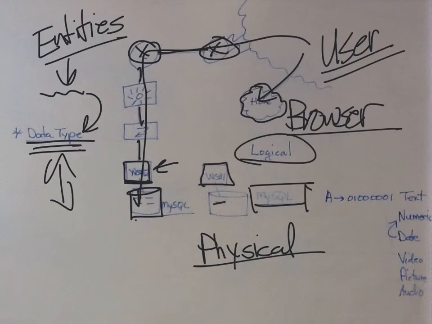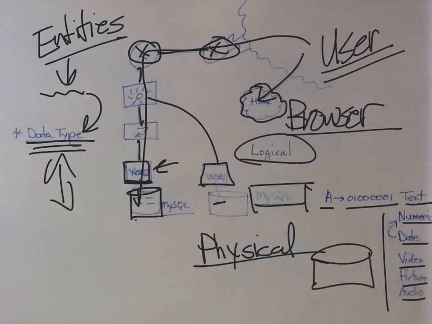Work server 1, that's actually connected right up here like this. We have letters, bits, so we can store text, numeric, date, video, picture, audio, all these different things that can be stored physically on some kind of storage device. And then we can use this to access that information.